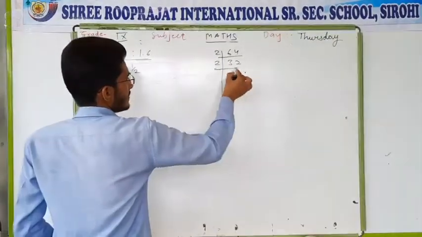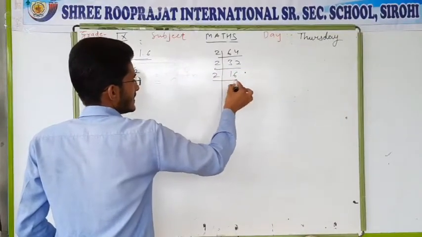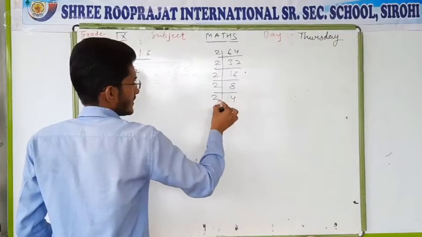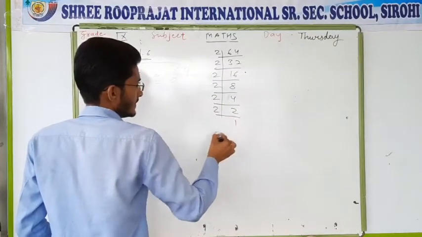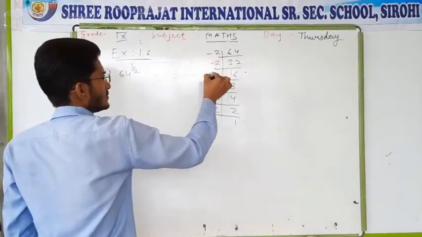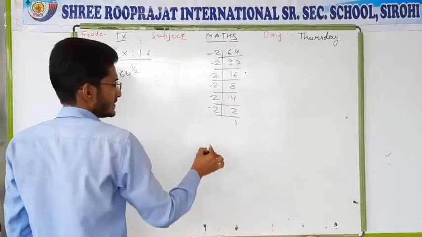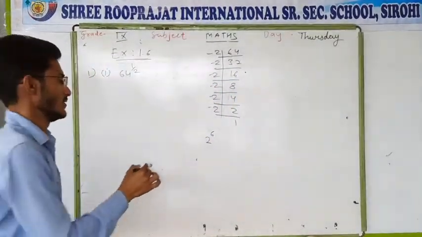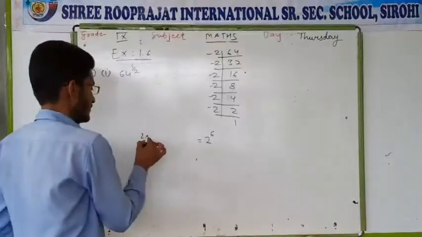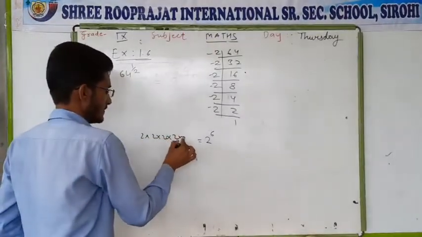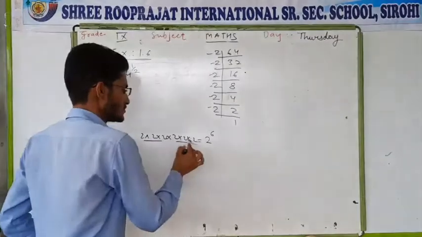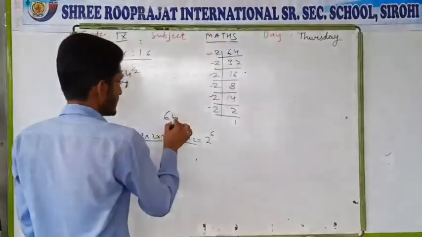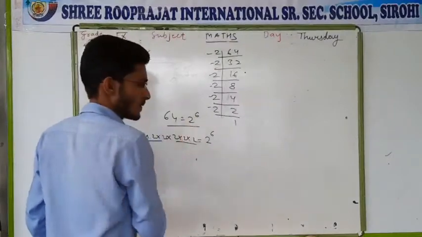If you divide, you will get 16, again divide you will get 8, again 4, again 2 and 1. So 1, 2, 3, 4, 5, 6. That means there are 6 times 2, or you can say 2 to the power 6. So you can write 64 equal to 2 to the power 6.